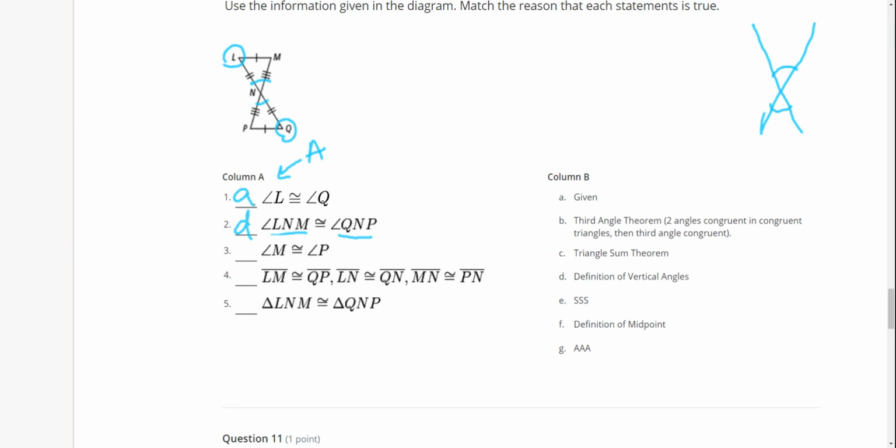And then what about M and P? I've done this. What's the only other answer choice that kind of talks about angles? Kind of between B and C. How did you find that?